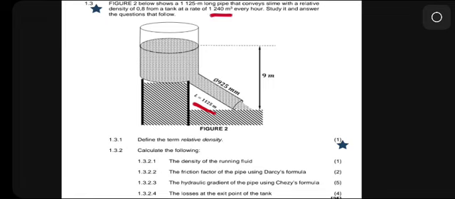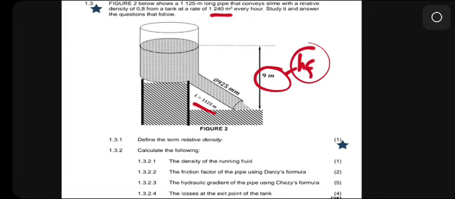Study it and answer the questions that follow. As you can see, we are given the length and the diameter there.